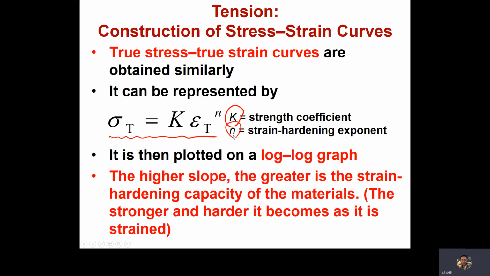So how to get these constants? Of course, K equals the slope of the true stress and strain curve in the elastic region. And what's the definition of the number n?